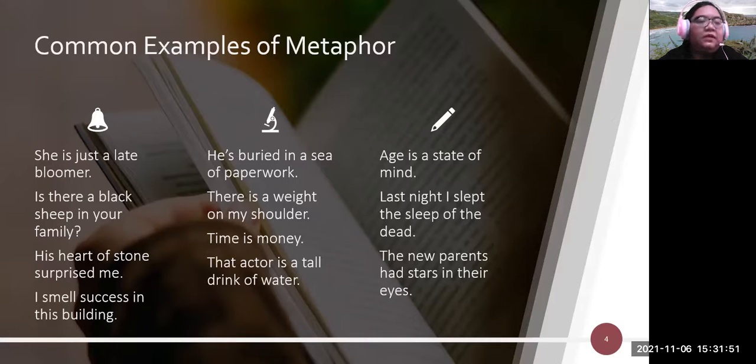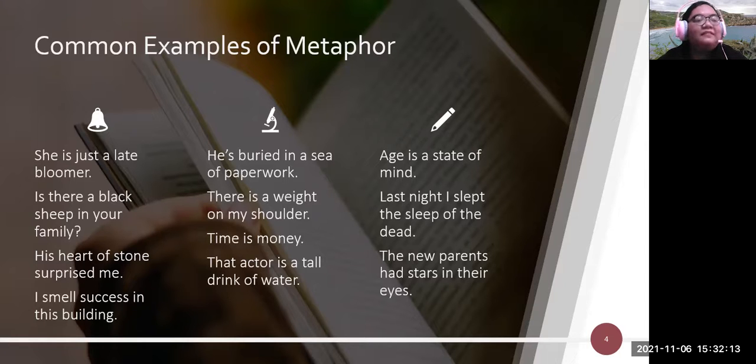So black sheep. His heart of stone surprised me. Okay, if anyone would know, a heart is not made of stone, but a heart of stone will tell you someone who's hard-hearted, okay? Because stone is hard. So that's a metaphor.